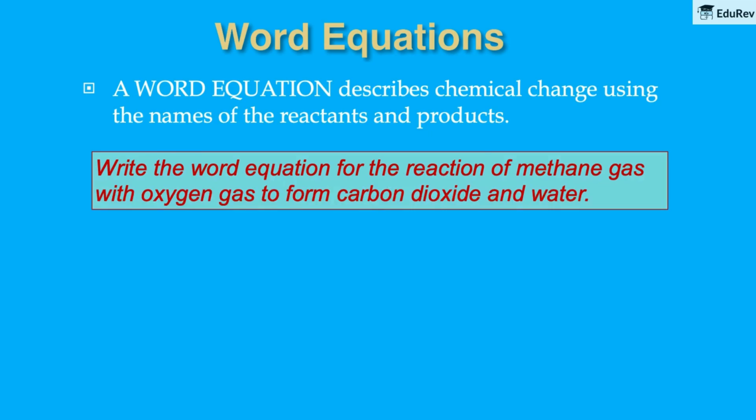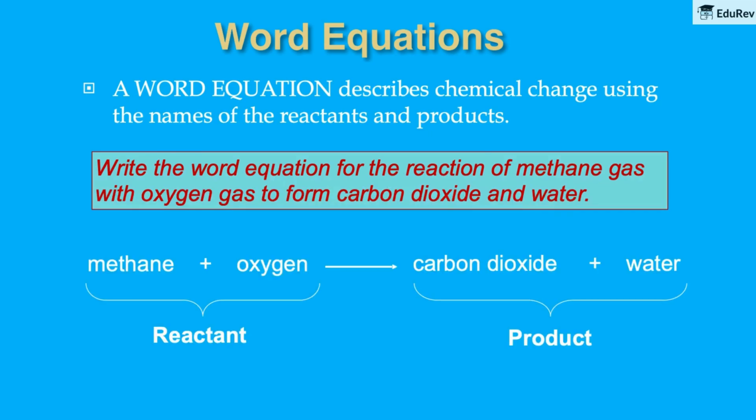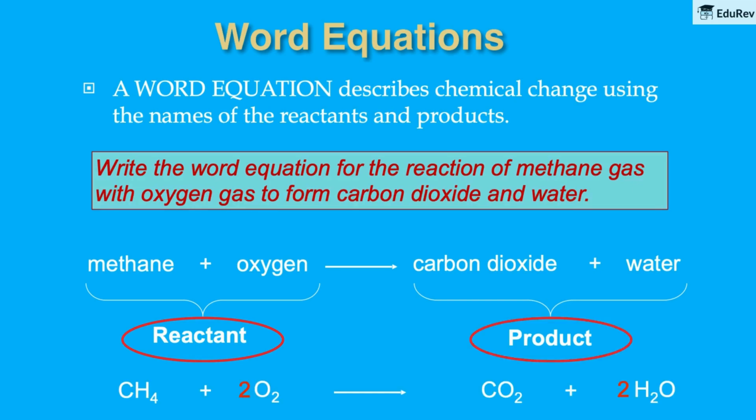So our word equation is methane plus oxygen, which are our reactants, giving carbon dioxide plus water, which are our products. And the reaction can be written as CH4 + 2O2 → CO2 + 2H2O.